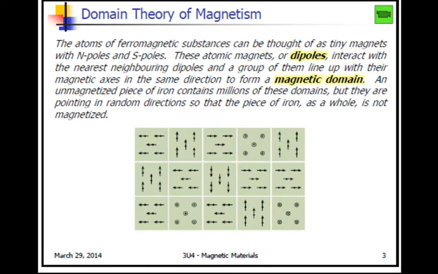Some of them could be right, some could be left, some could be up, down, in or out at different angles. But these little sticks would all be kind of randomly oriented. If they're oriented in a random direction, then the entire material will not be magnetized.